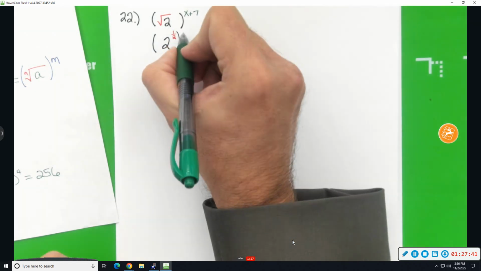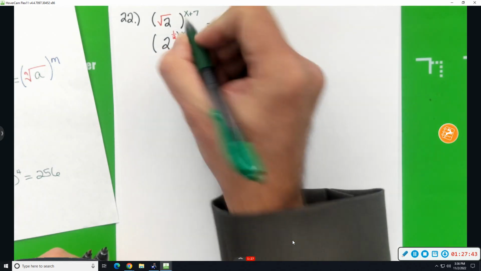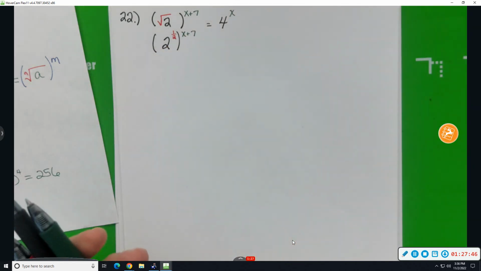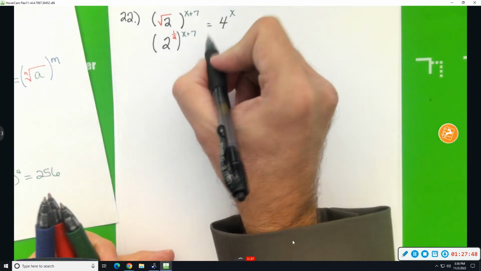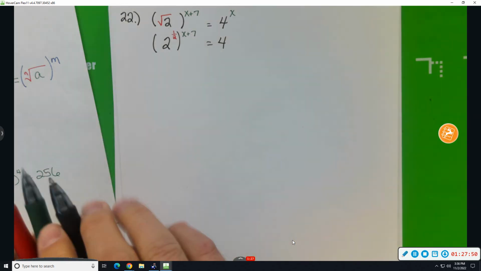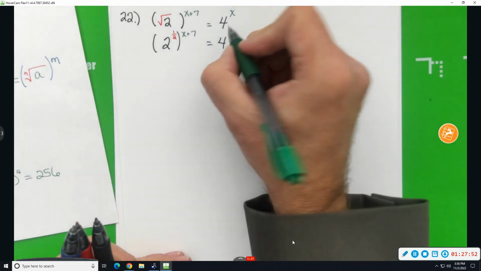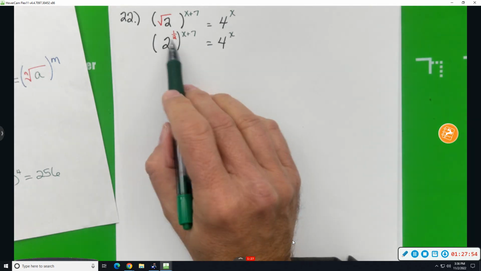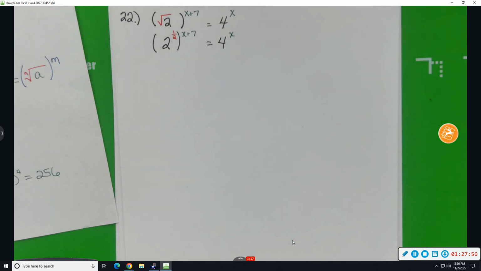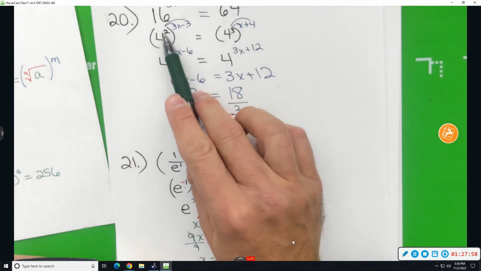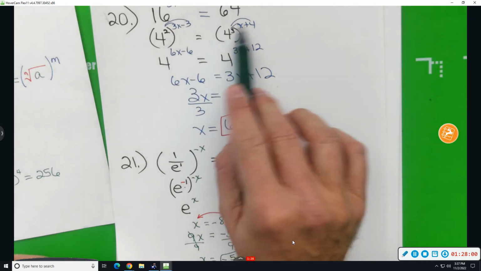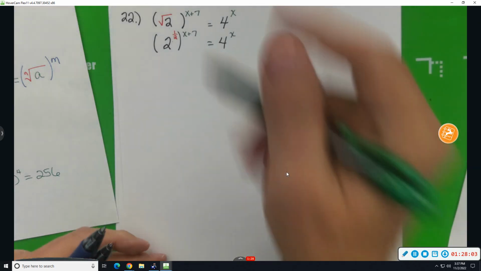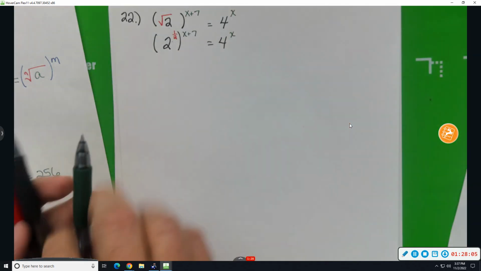So I'm rewriting the square root with the red 1/2. And now, usually at this point, to get rid of the parentheses, we say multiply or distribute. Well, but wait, what have I done? I messed up right here.